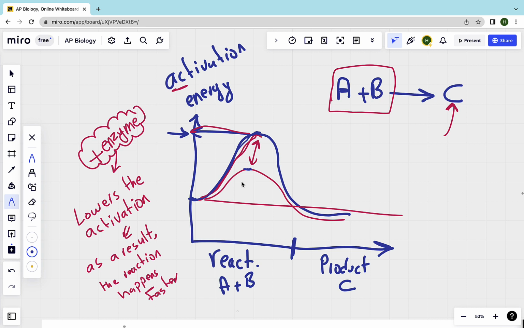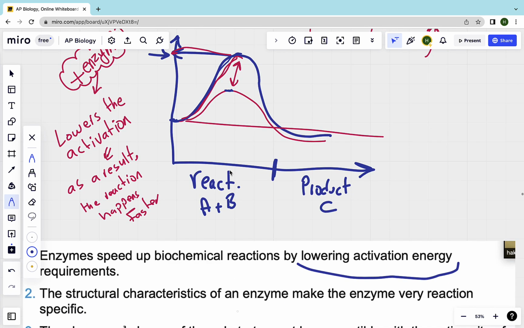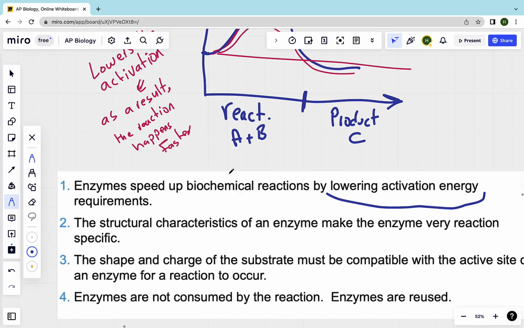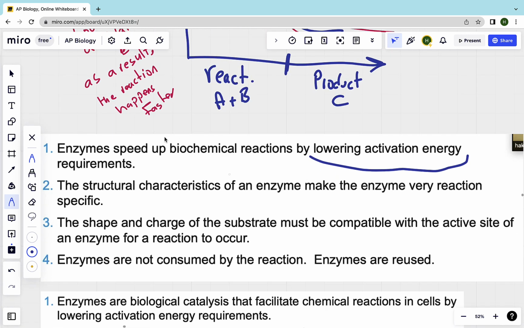No need to wait until that much heat is reached. I can start the car at a lower temperature. So this is how, chemistry-wise, enzymes work. Now, can all of you understand lowering activation energy?